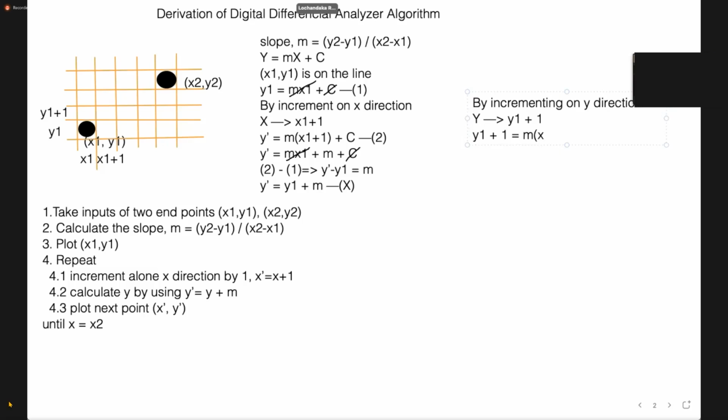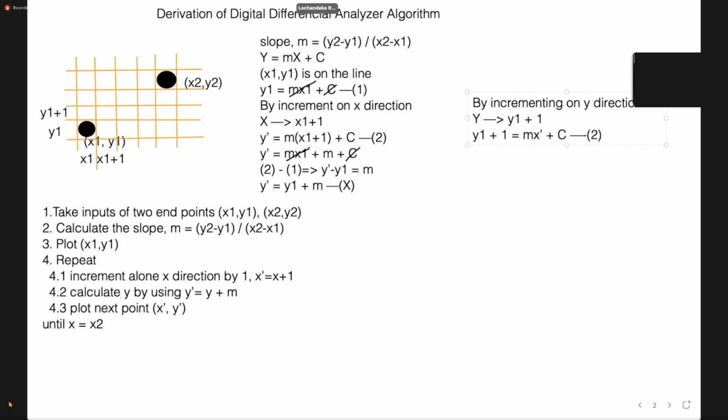Now we don't know what x is. m x dash plus c. Now this is the equation which will become the second equation. Right? Now again we do the same thing.